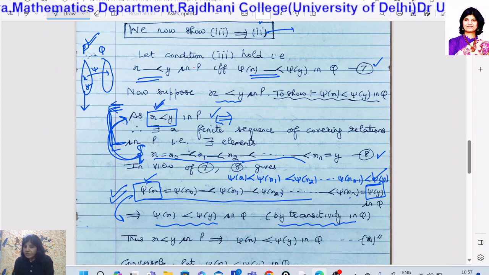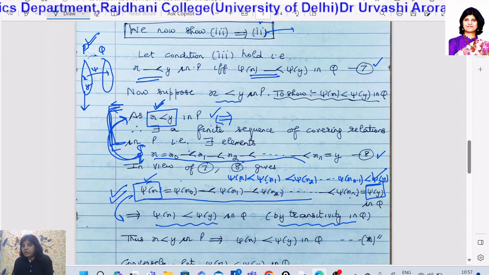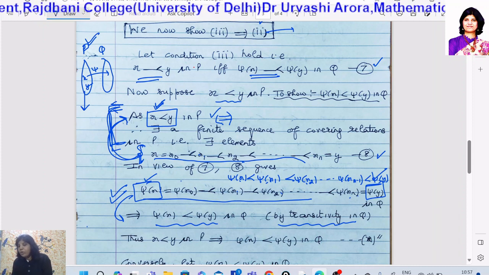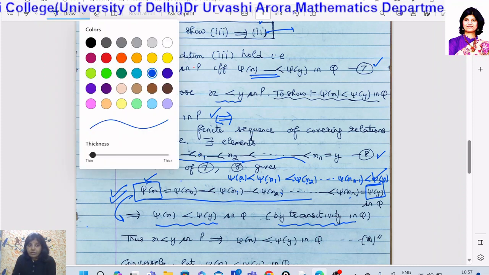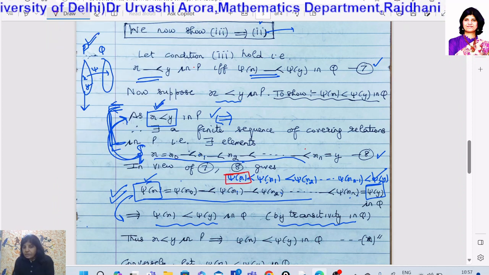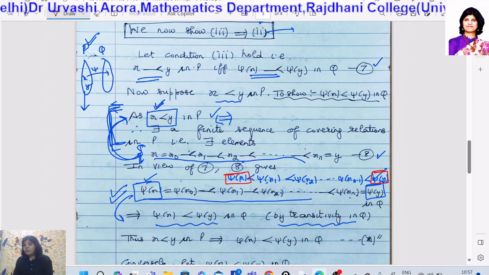And by transitivity, if the first is strictly related to the second and the second is related to the third, then the first is strictly related to the third one. So moving on like this, by transitivity, this particular element psi x will be strictly related to psi y.